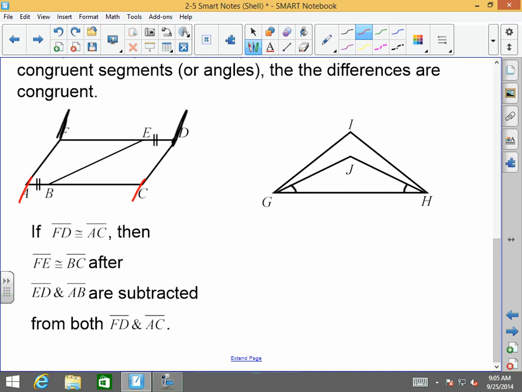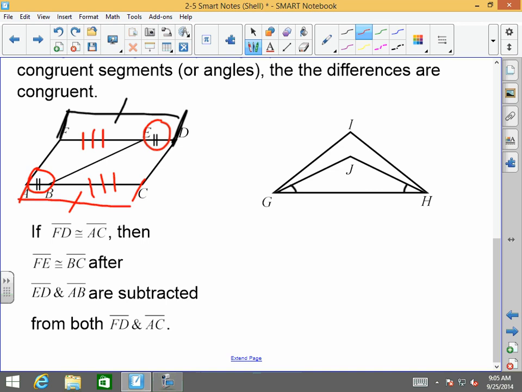So again, if FD is congruent to AC, if I take away ED and AB, which are both congruent, will that not make FE congruent to BC?